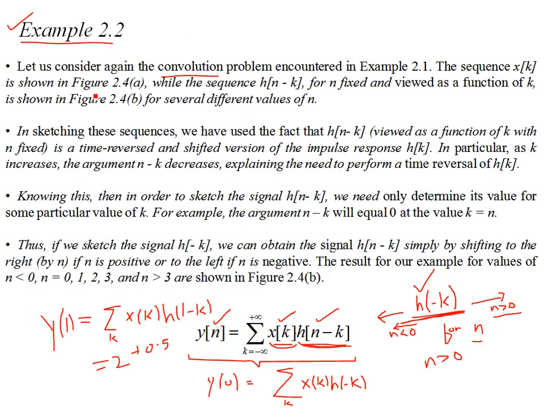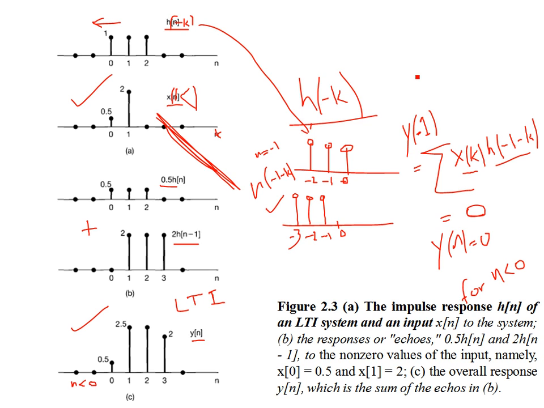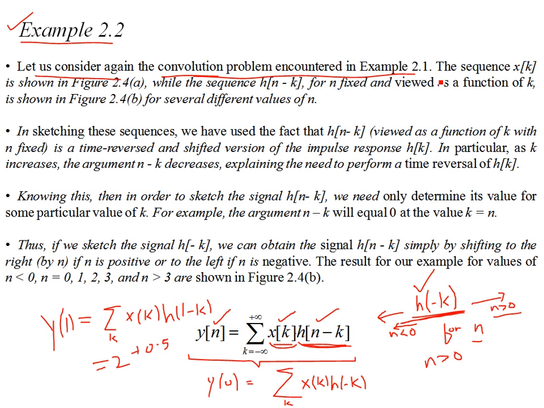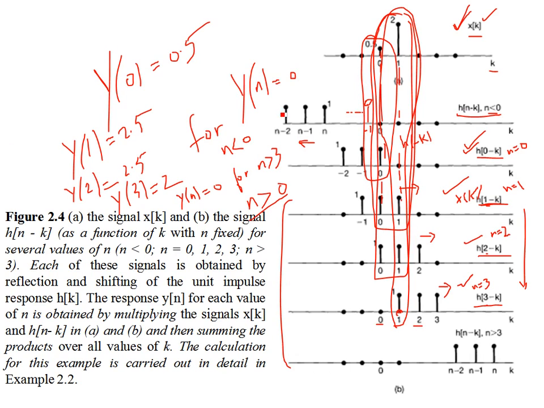Again, let us consider the convolution problem that we encountered in example 2.1. If you recall, we considered the same impulse sequence and input sequence. The sequence x of k is shown in figure 2.4a, while the sequence h of n minus k for n fixed and viewed as a function of k is shown in figure 2.4b for several different values of n.